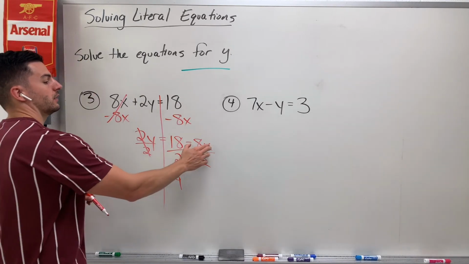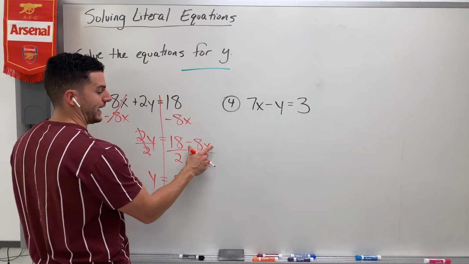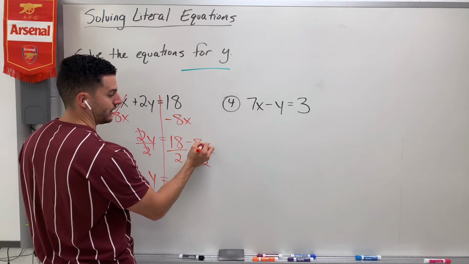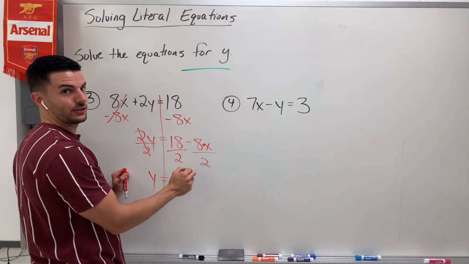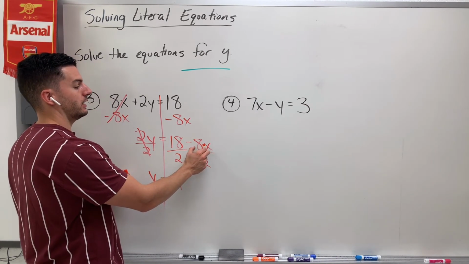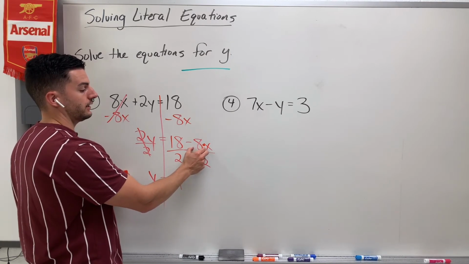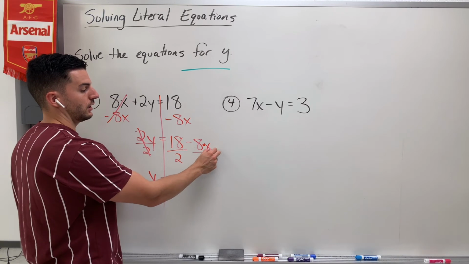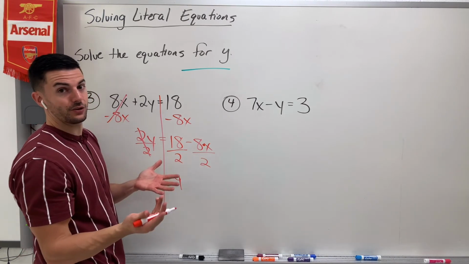But with multiplication and division, even though the 8x, these are together, remember, they're being multiplied, so they're kind of separate from each other. And so negative 8 times x over 2, I can still divide this negative 8 by 2 while still leaving the x separate, right? Because I can't do x divided by 2. I don't know what x is.